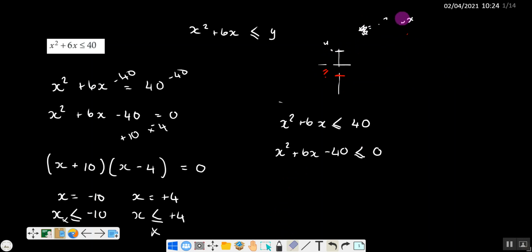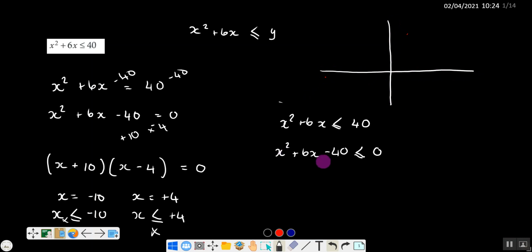So, what we need to do, this is where we're now using your knowledge. It doesn't need to be hugely accurate, this, but we're going to draw a little sketch of what we think x squared plus 6x minus 40 will look like. And we actually only need a couple of things.